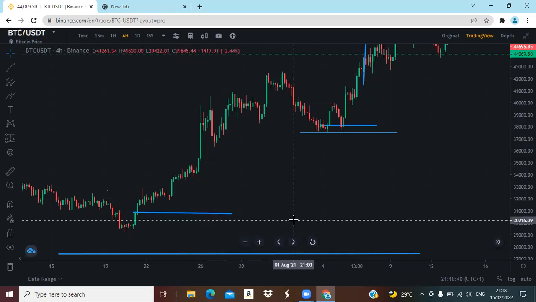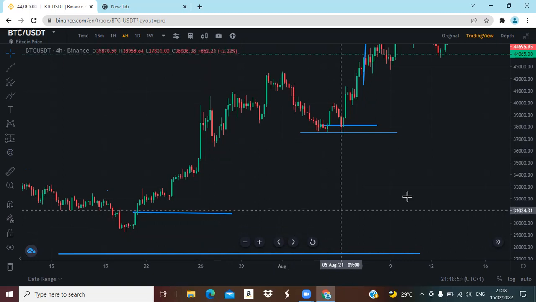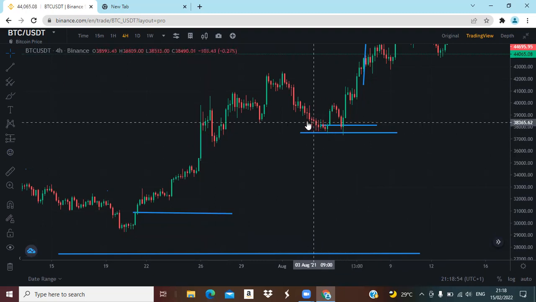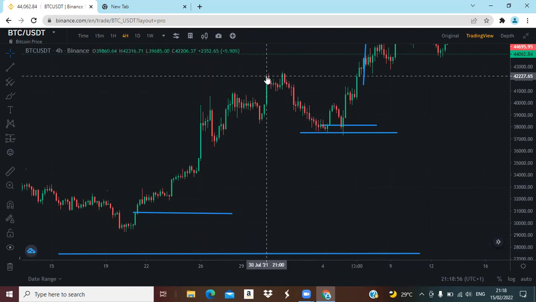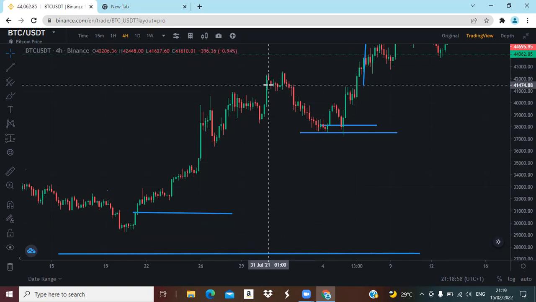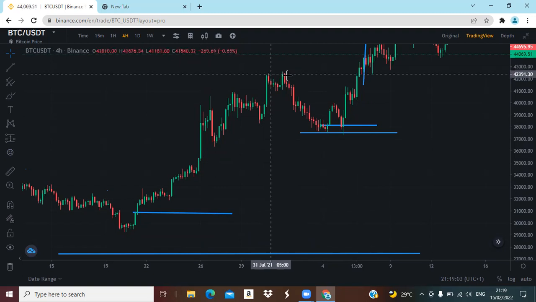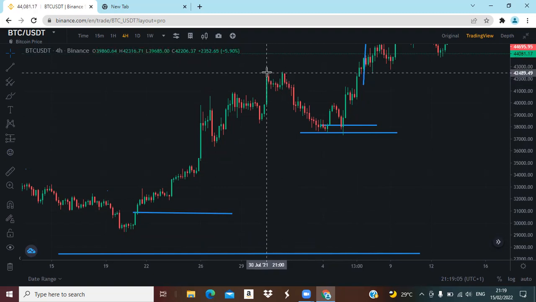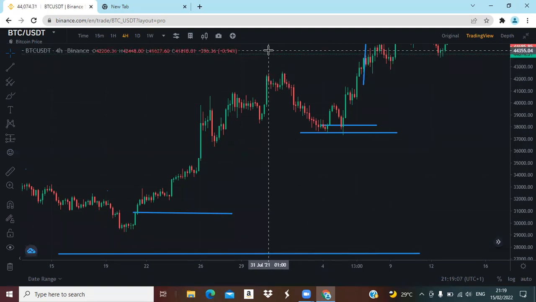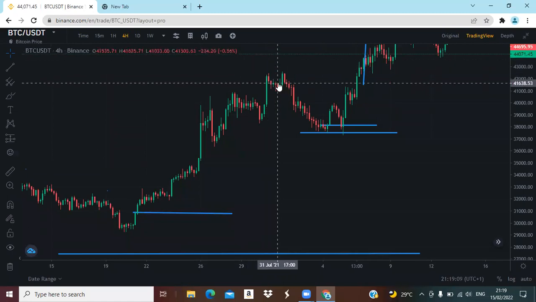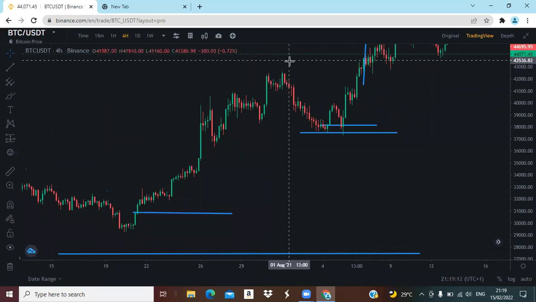So that is how you should not place stop loss. Don't place stop loss at an obvious support resistance level, like the immediate one in this case. Maybe you want to short and you see this bearish candle here and you place stop loss here. The market can just slightly go up, so it's an obvious level. Don't place stop loss here. It should be far above it to give it room to breathe in case the market goes up.